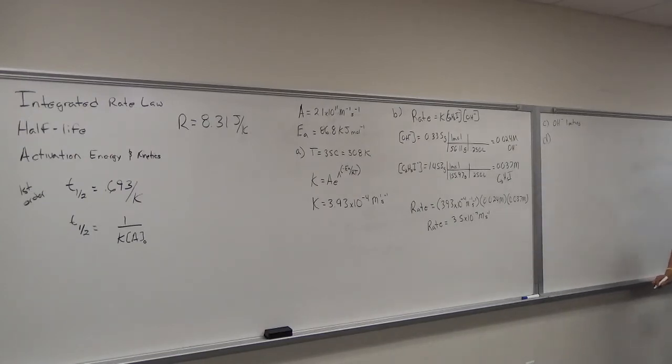puts the cherry on top and says, assuming that the frequency factor and activation energy do not change as a function of temperature, calculate the rate constant at 50 degrees Celsius.